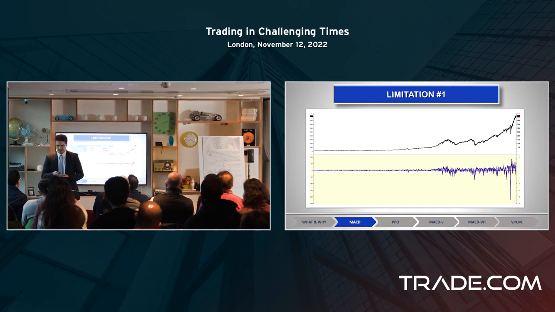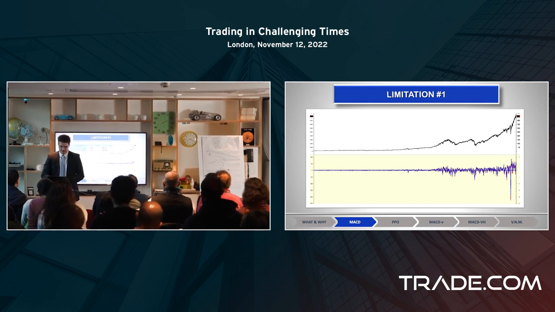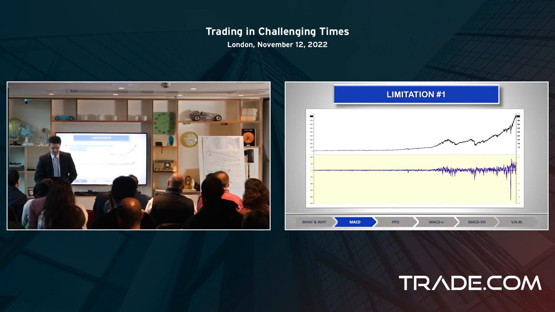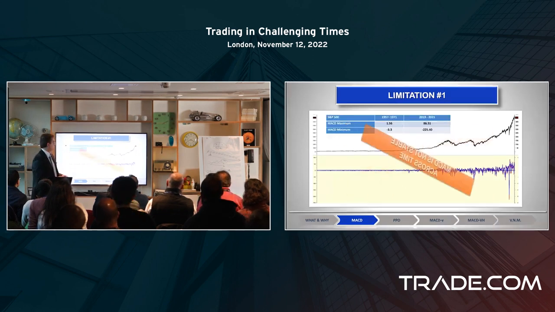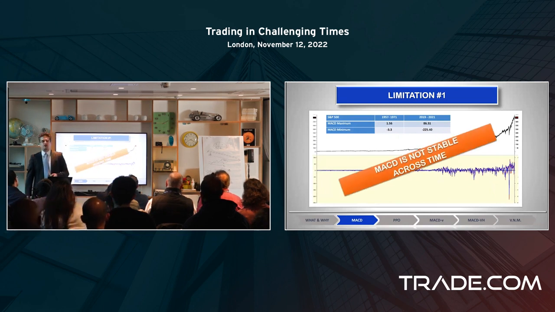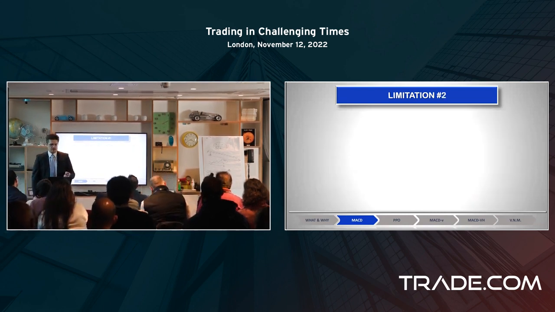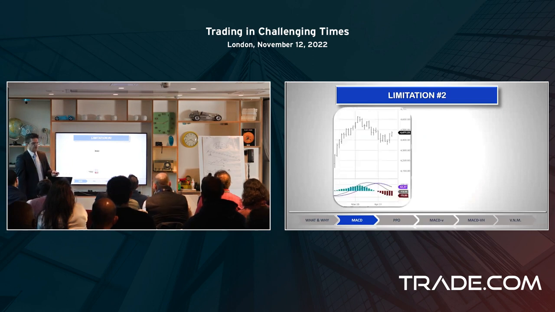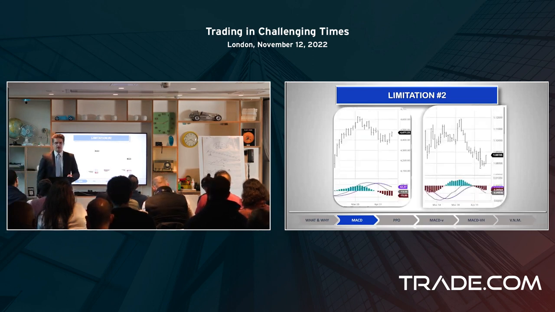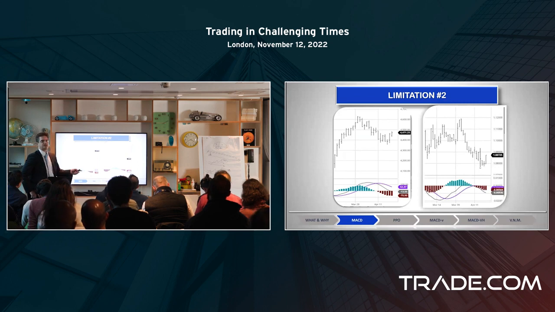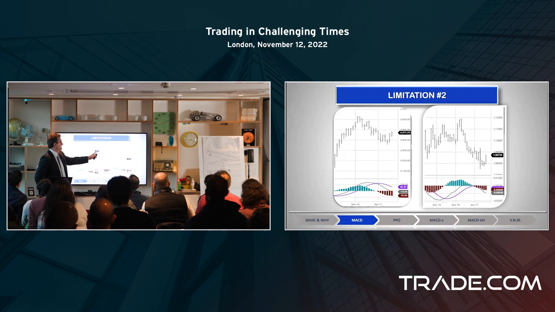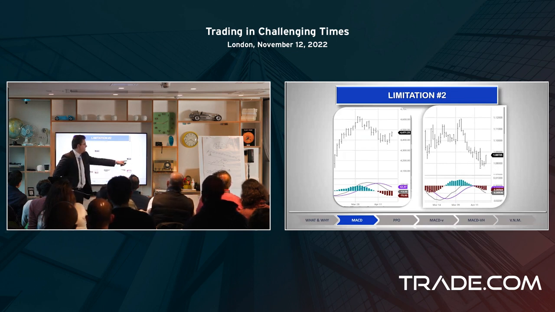The second limitation is by my clicker. Battery. No, it's just, there you go. So the first limitation is it's not stable across time. The second limitation, since it's a function of the first one, if you have two markets which have completely different prices. So for example, the S&P 500 was almost 4,500 at the time of writing of the paper, and the euro had 1 point whatever.